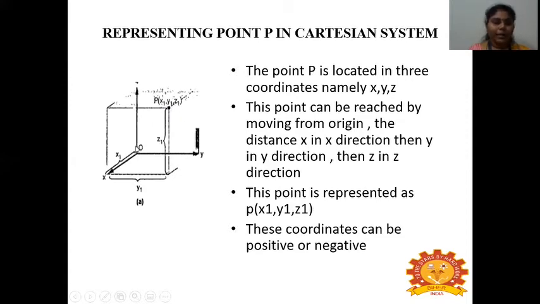This point can be reached from the origin by a distance x in the x direction, a distance y in the y direction, and a distance z in the z direction. So we can represent this point by x1, y1, z1, because this point lies on all the 3 coordinate axes. These coordinates can be either positive or negative.